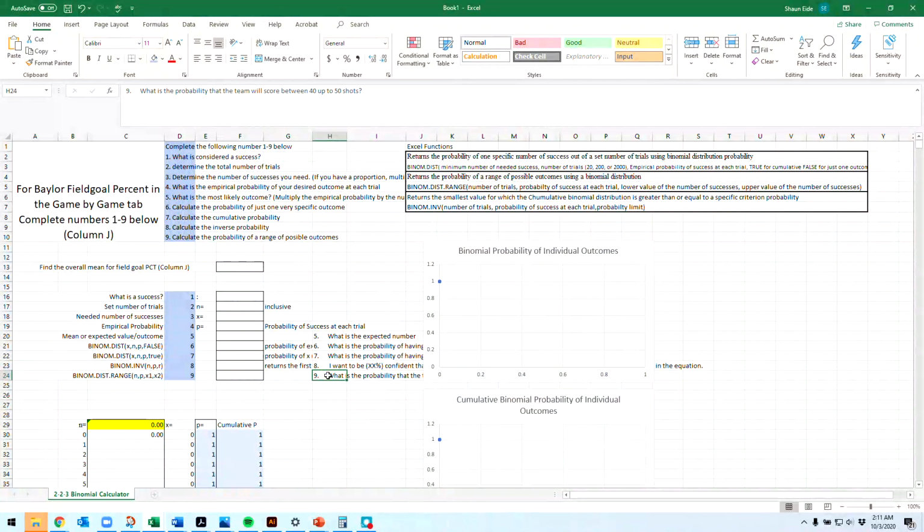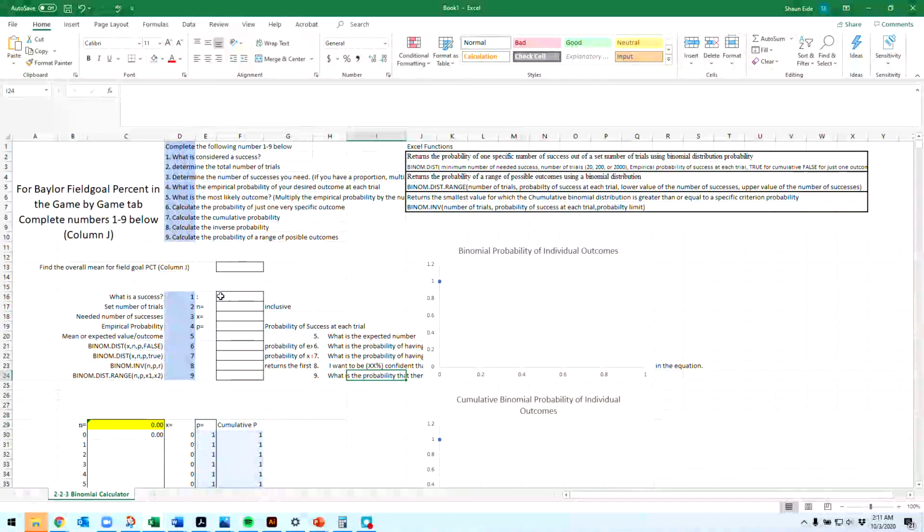Then for number 9, what's the probability that there will be between x1 to x2 number of successes? And so just go all the way down this list, and then we'll be able to answer these.